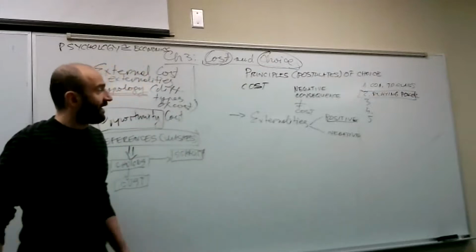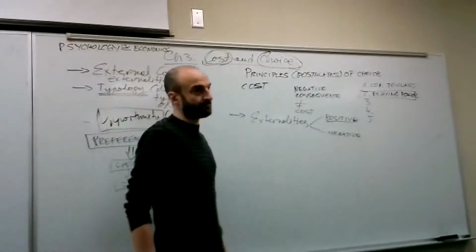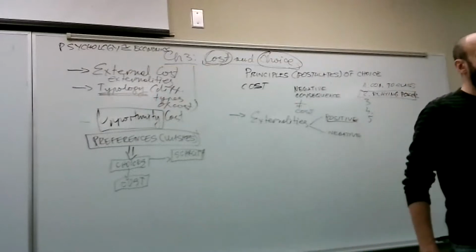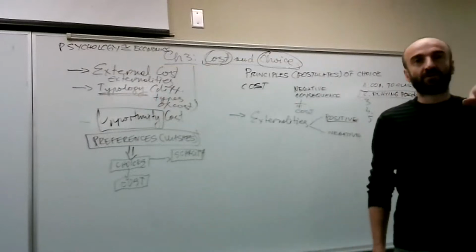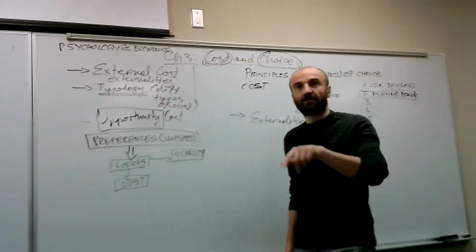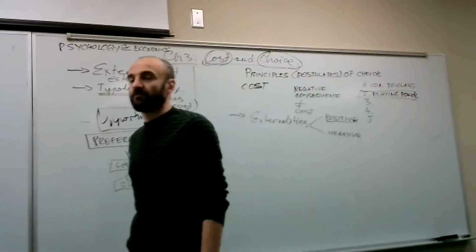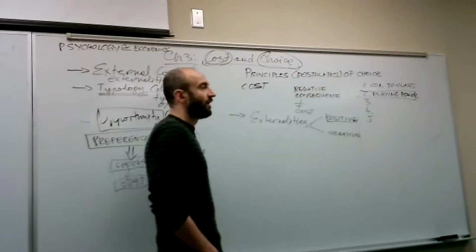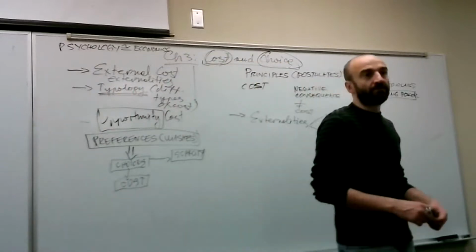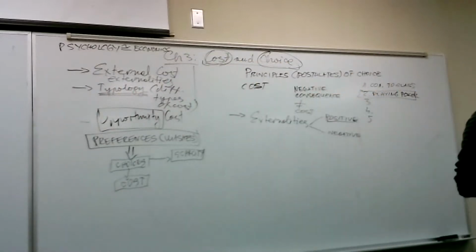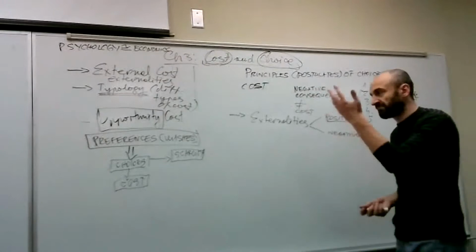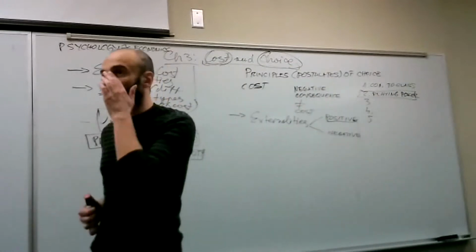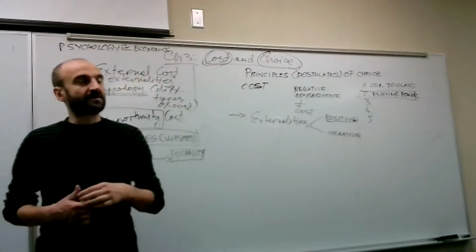A bigger problem is negative externalities, which means that I'm doing something that benefits me, but that harms you, and I'm not forced to pay for that. One example would be environmental pollution. I build a power plant or an industrial facility.